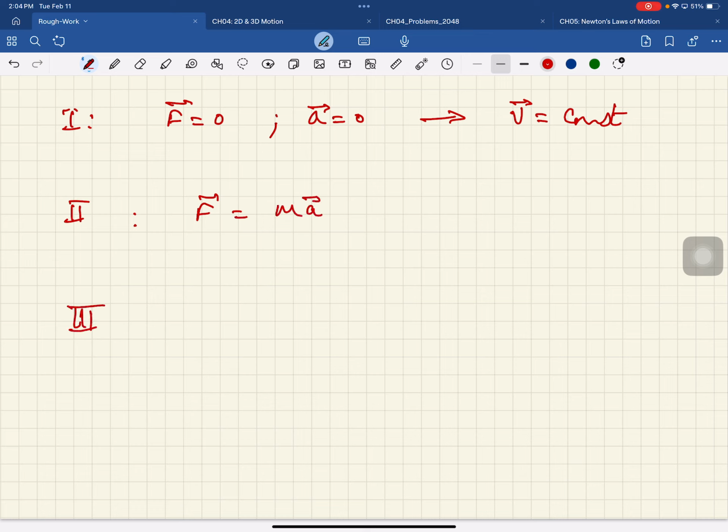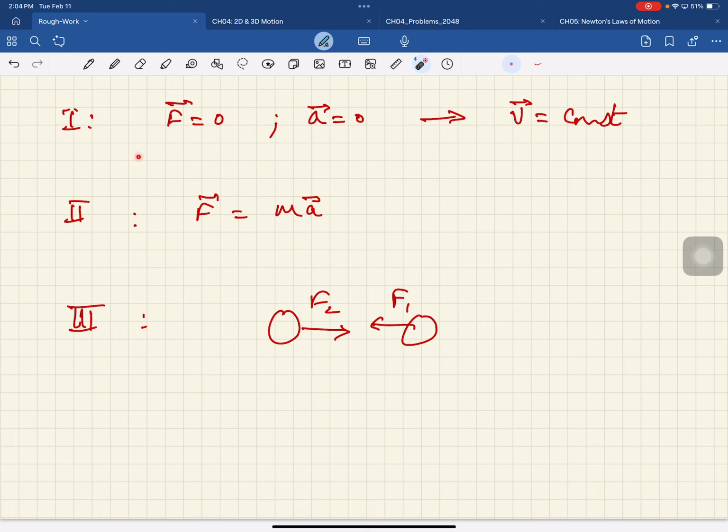And what does the third law say? Forces always come in pairs. When two objects interact, the force one exerts on the other has equal magnitude but is in the opposite direction.